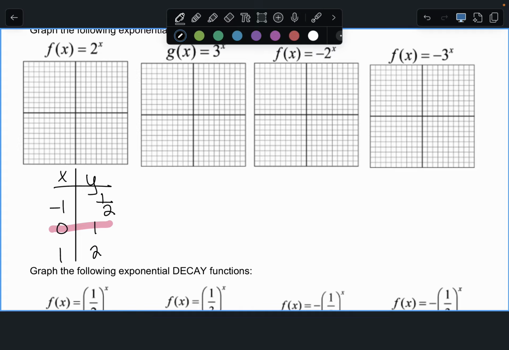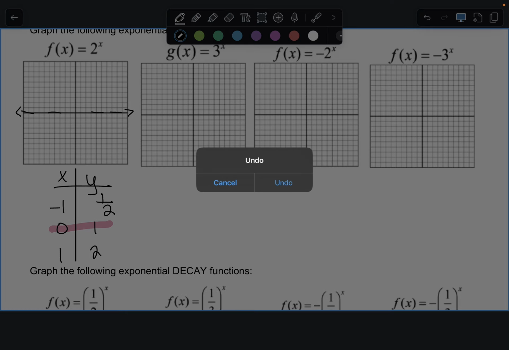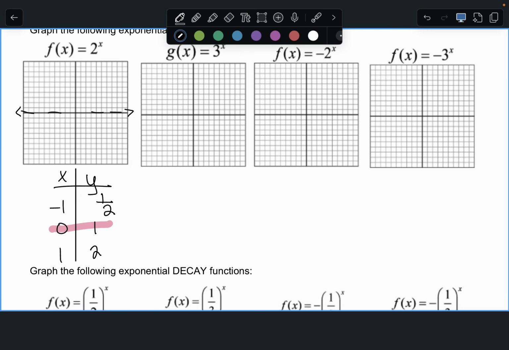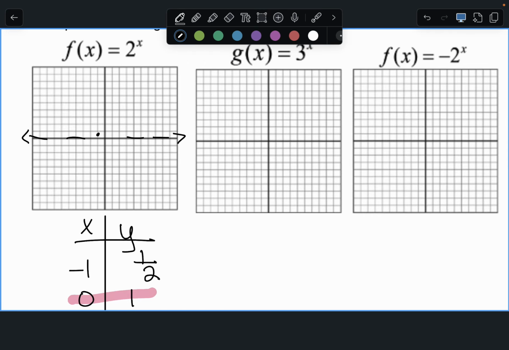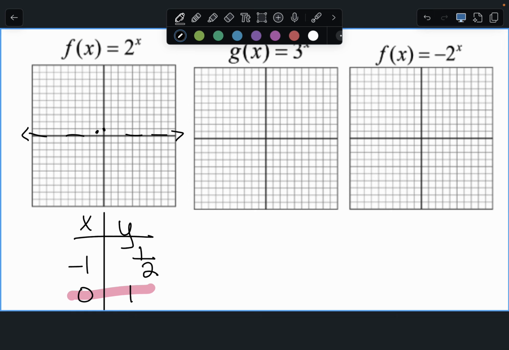And it's going to have a horizontal asymptote because it's exponential. So it's going to be at y equals 0. We're not moving up or down or anything. And then we can graph them. -1, 1/2 is like right here. 0, 1, 1, 2.